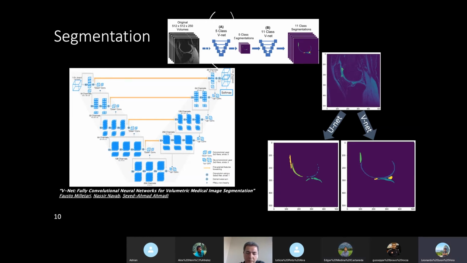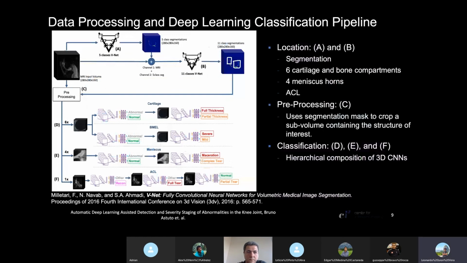Another question here. Actually, you are using segmentation to classify, in the previous slide? Can you go back? For example, in the pre-processing, you are using the segmentation to classify cartilage, BMEL, meniscus, ACL, right? Yes. I'm curious about the accuracy of that classification.